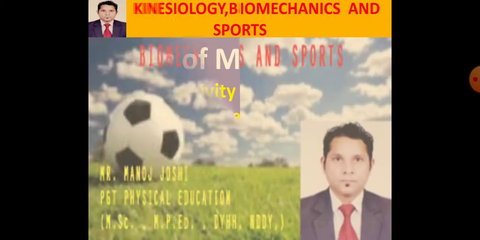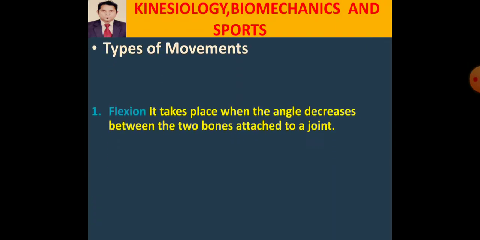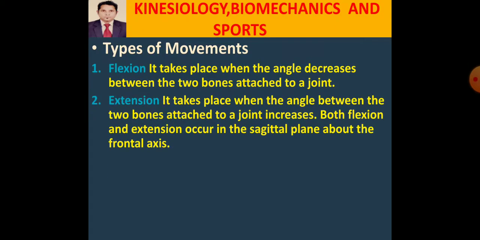First is flexion. Flexion takes place when the angle decreases between two bones attached to a joint, like the elbow. In flexion we can see the movement decreases the angle between two bones, like when we are bending the leg from the knee.